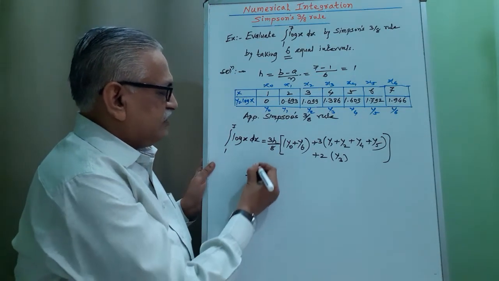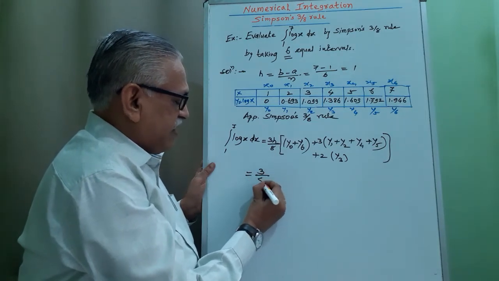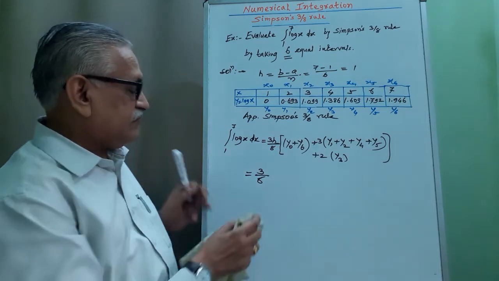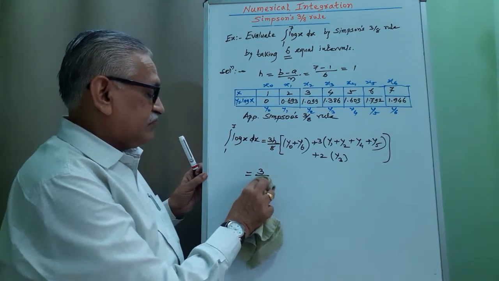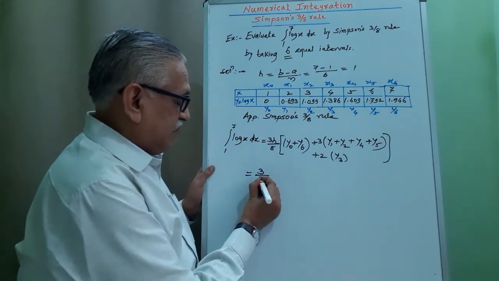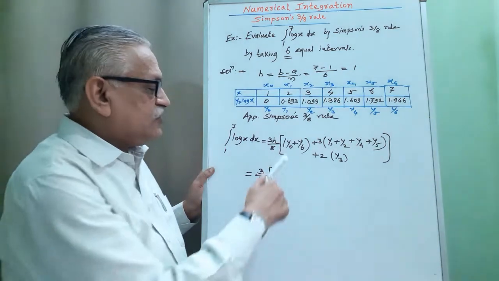The value of h is 1. Therefore, it is 3 into 1, that is 3 divided by 8, multiplied by y0 plus y6.